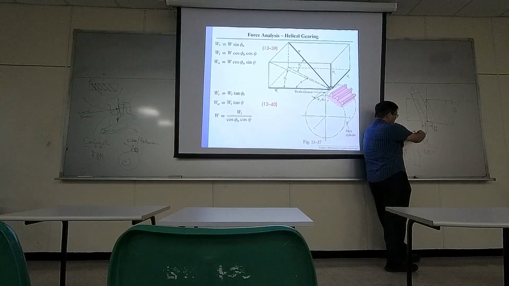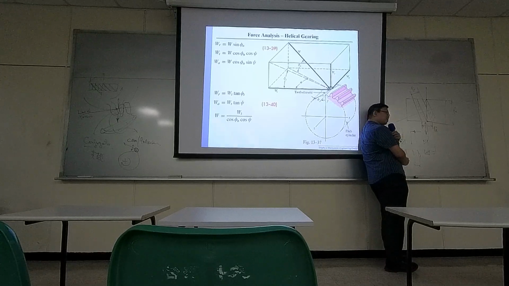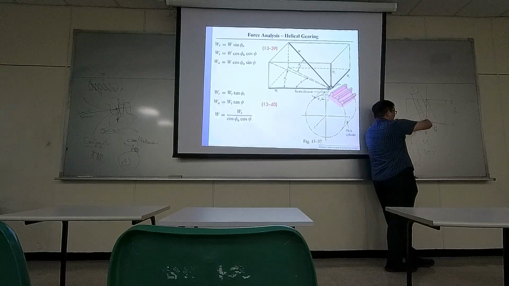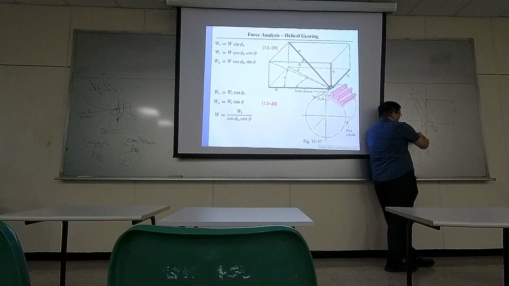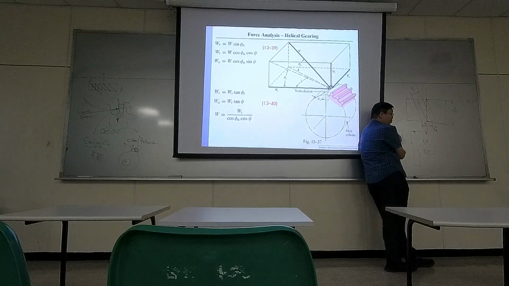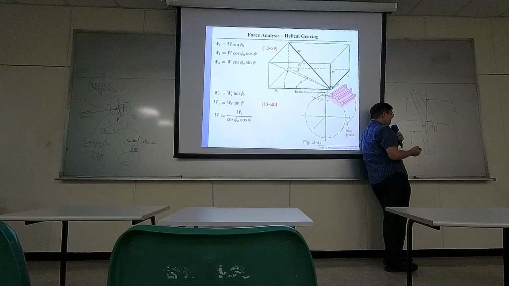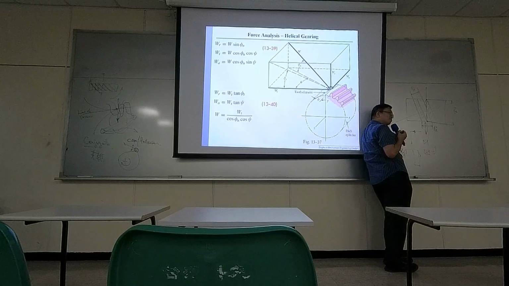So when you apply this force, that means you may have reaction forces here. Okay? So the other pair of the gear is pushing this gear, pushing this shaft, so there will be reaction forces along the axial direction. So it's a force balance problem.